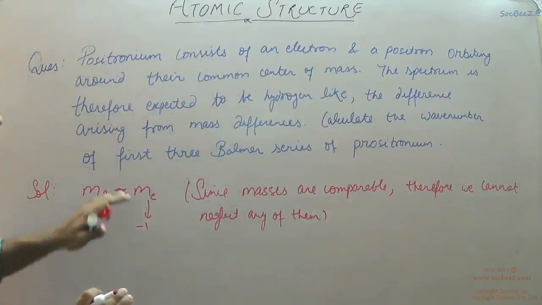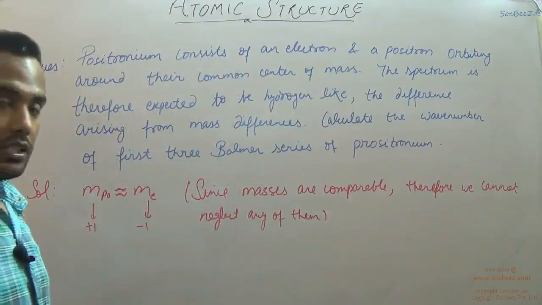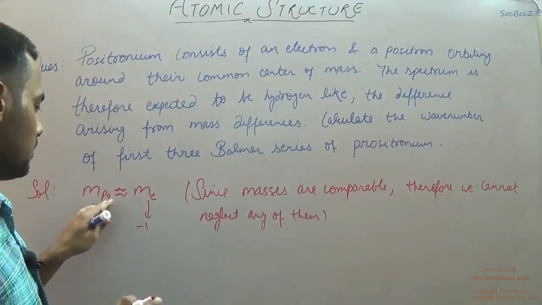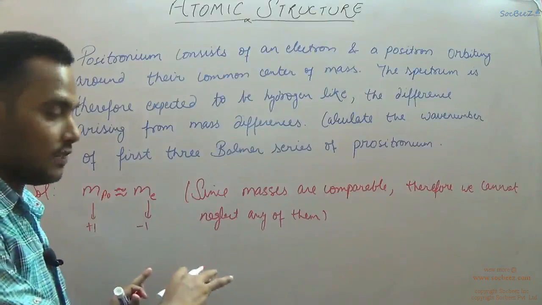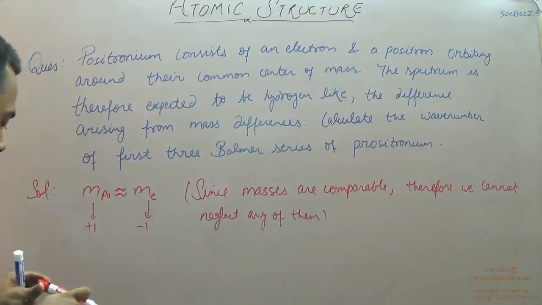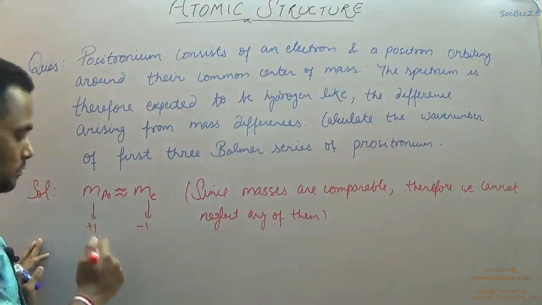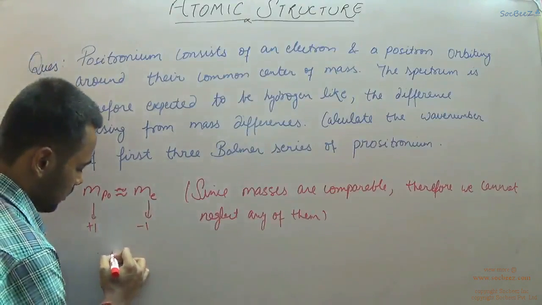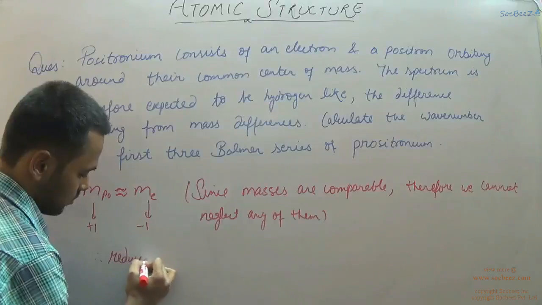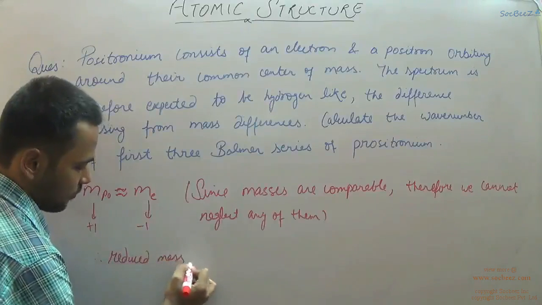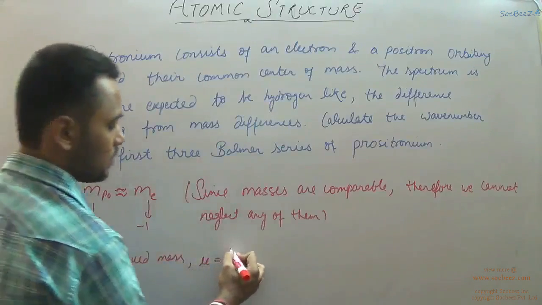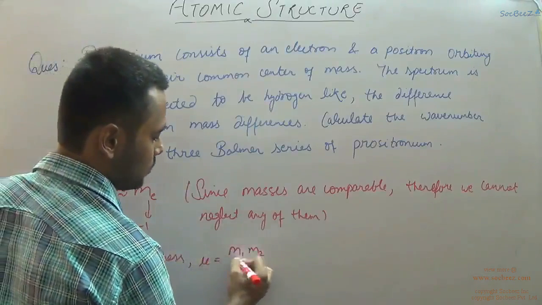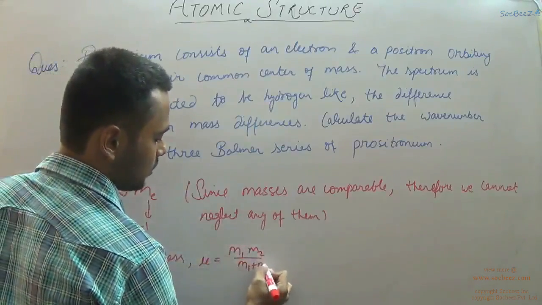In this case, we take the reduced mass instead of solving them separately. We solve them in one go, but we take the reduced mass. So the reduced mass, mu, equals m1 m2 upon m1 plus m2.